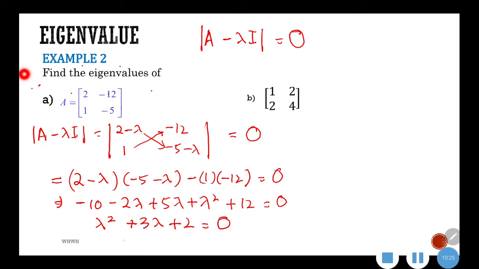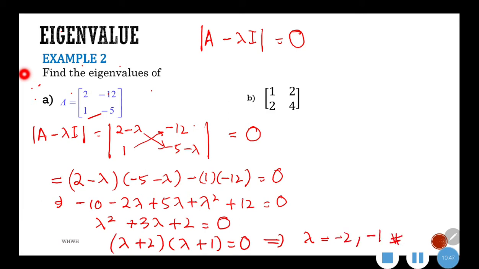So you can factor this, you will get lambda plus 2, lambda plus 1 equals to 0. There you go, how many lambda will you get? Lambda equals to negative 2 and also negative 1. Okay, that is the solution, which is lambda equals to negative 2 and negative 1.